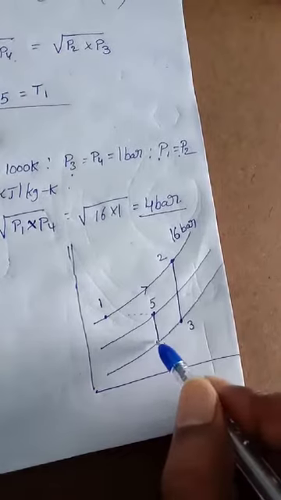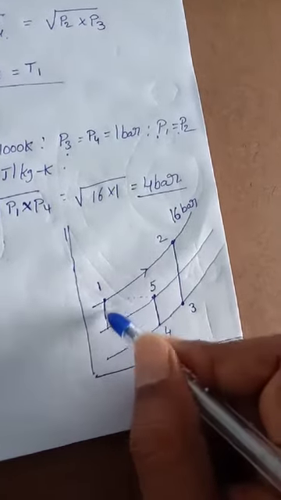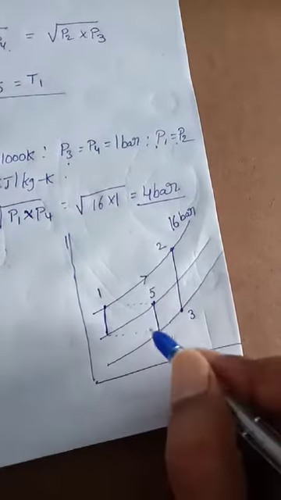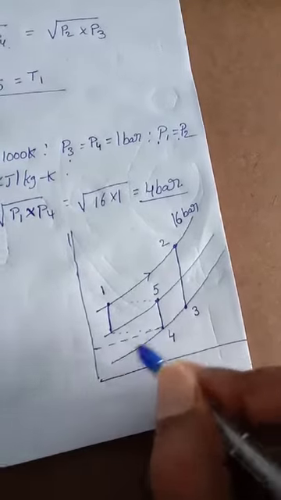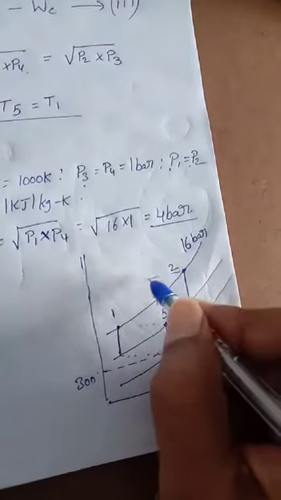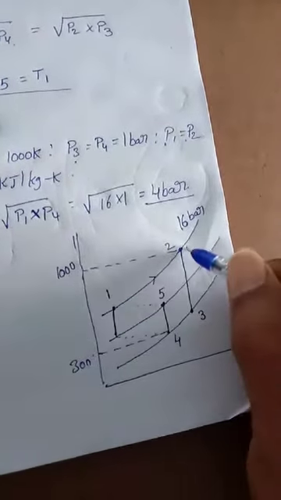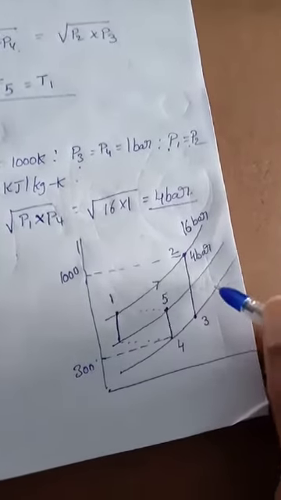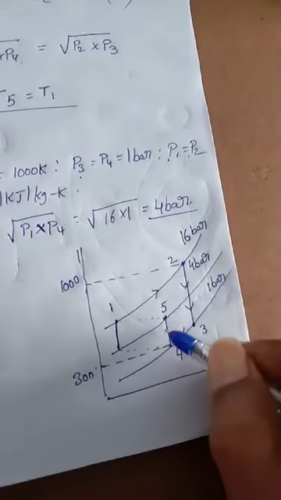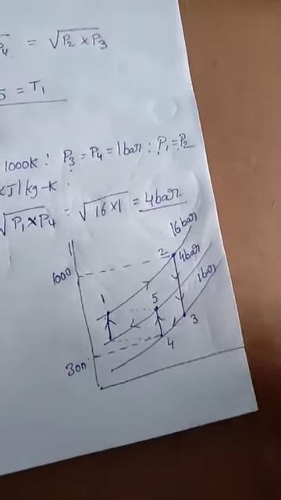And similarly, we know very well, this is equal, okay, and draw like that. Next here, see this one is 300 and this is given in 1000. This is called 4 bar and this is called 1 bar. The process is going like this, we know very well.